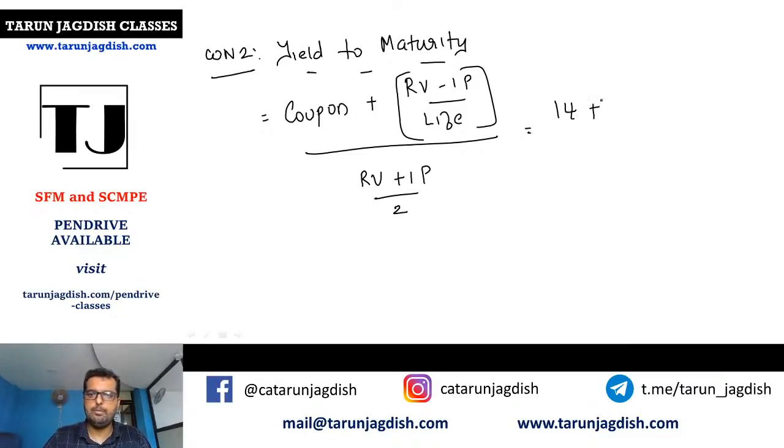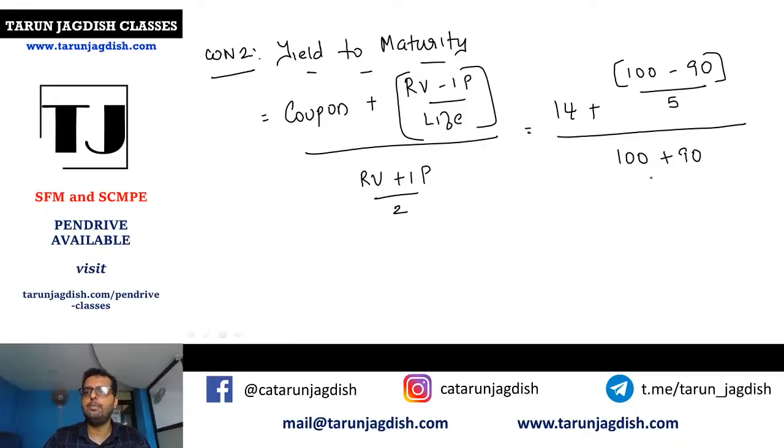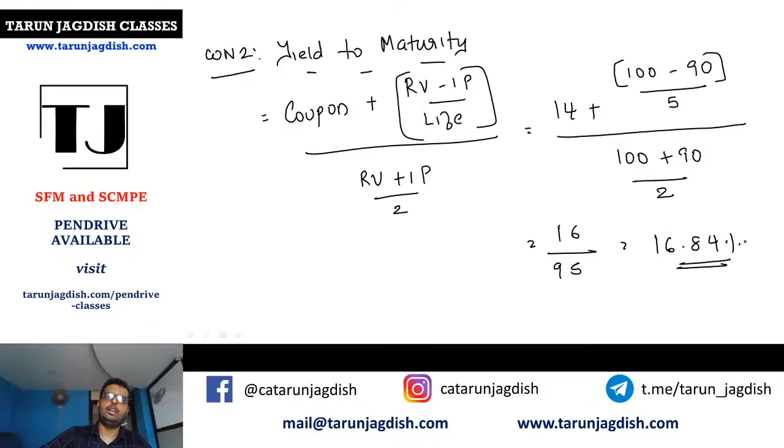So that is 14 plus redemption value is 100 minus 90 divided by life is 5 years, whole divided by 100 plus 90 divided by 2. That will be 14 plus 2, that is 16 divided by 95. You'll get the answer as 16.84%. Can you please write down this in your books and finish it off?